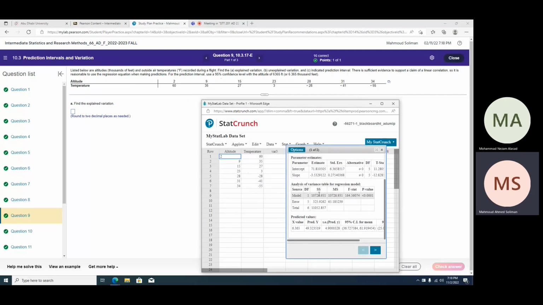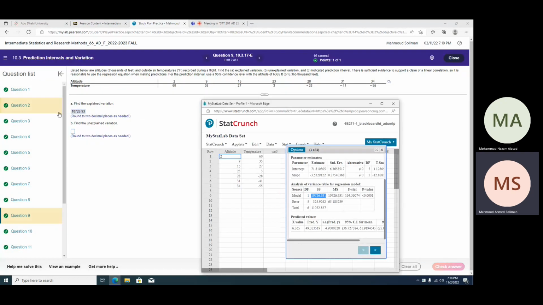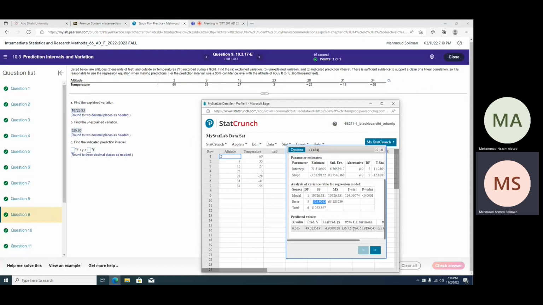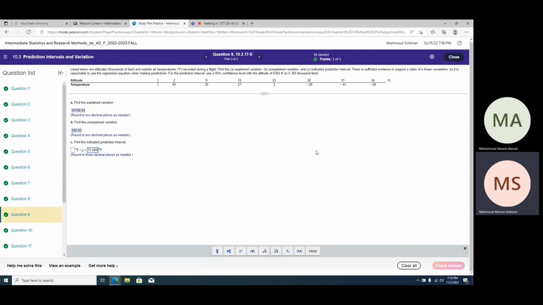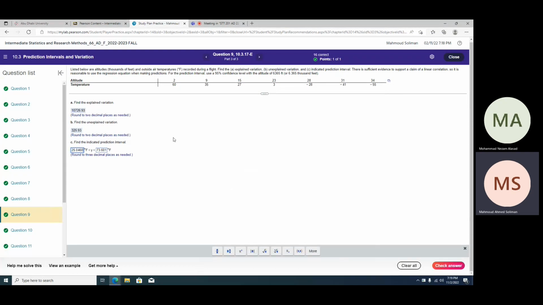Explained variation is model SS, 6.365 thousand, 2 decimals. Unexplained variation is error SS. Then they want the prediction interval: copy, put here, 3 decimals. This one, copy, paste, 3 decimals, that's it.